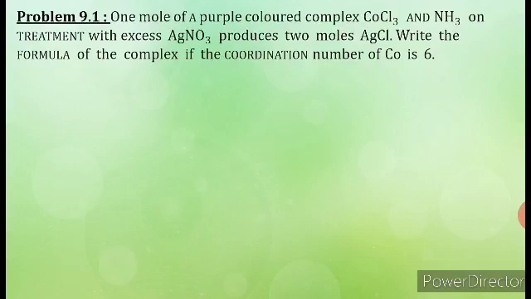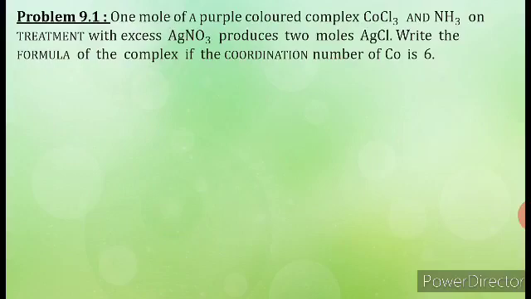Okay, the first thing is clear: out of 3 chloride ions, 2 are outside the coordination sphere and 1 is inside. And its coordination number is 6. So 1 secondary valence is satisfied by the chloride ion. Out of 6, 1 will be fulfilled by the chloride ion. The remaining 5 secondary valences will be satisfied by ammonia molecules.